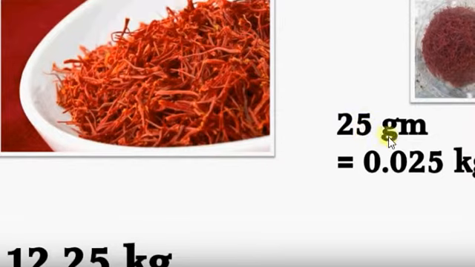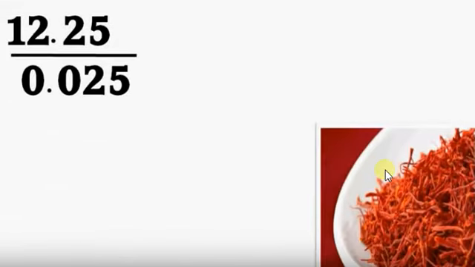Converting 25 grams to kilograms, you'll get 0.025, because a kilogram has got 1000 grams. So 12.25 kilograms divided by 0.025 kilograms, you are going to get how many packages here.